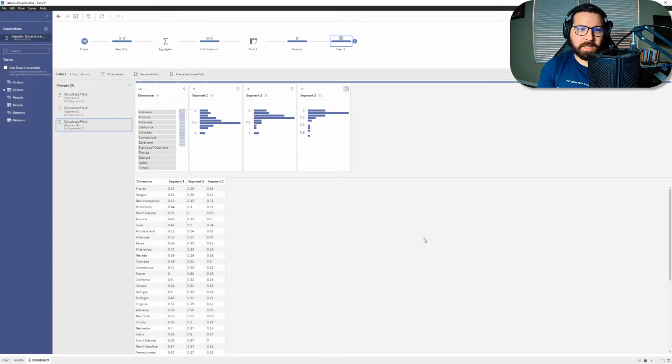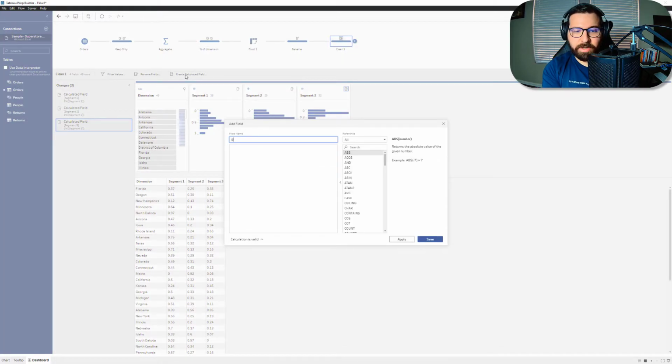All right, now I can basically replace my segment 3 field, because what I really want it to be is 1 minus the total, or the sum of segment 1 plus segment 2. And I want to do this because I really want each row to add up to 100%, and this will just prevent any rounding errors from affecting that.